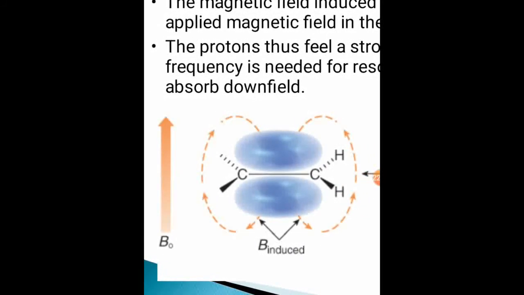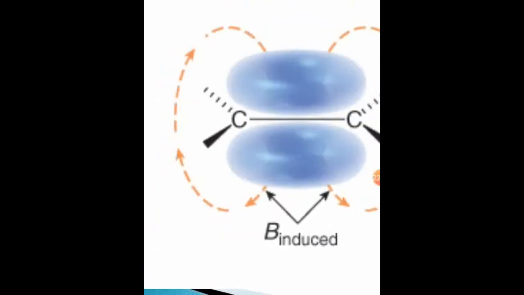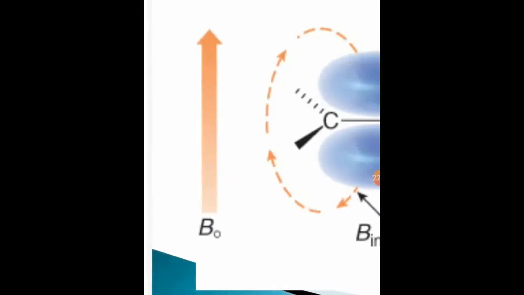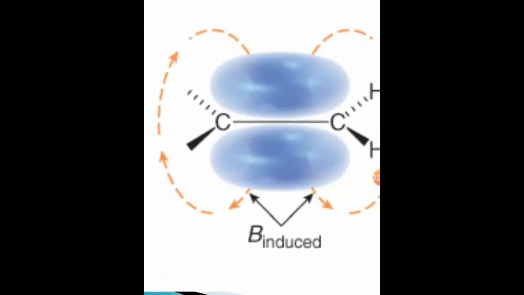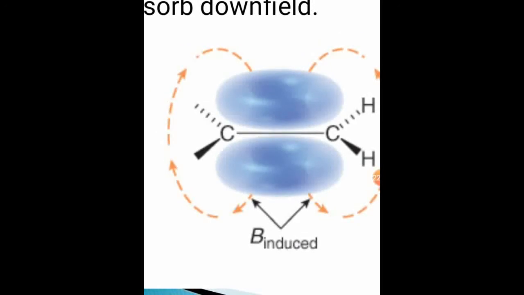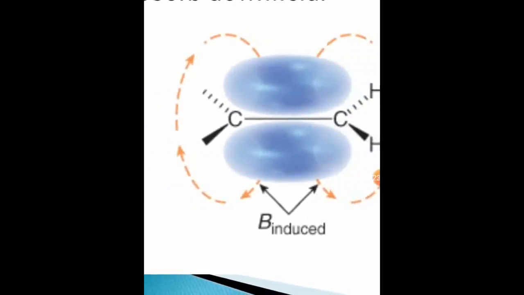The region where this induced magnetic field reinforces the applied magnetic field, having the same direction, is called the de-shielded region, while the central region where the induced magnetic field opposes the applied magnetic field is called the shielded zone.